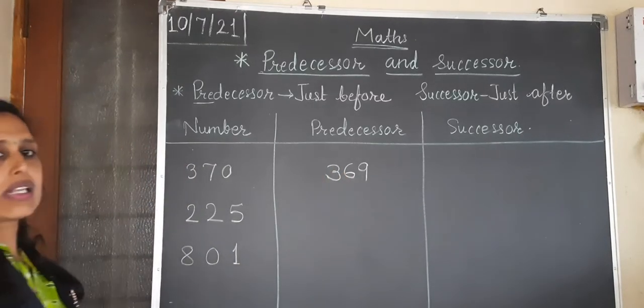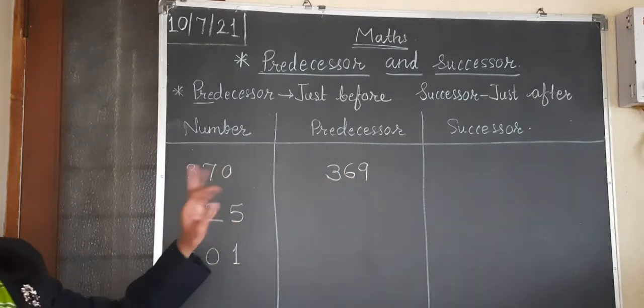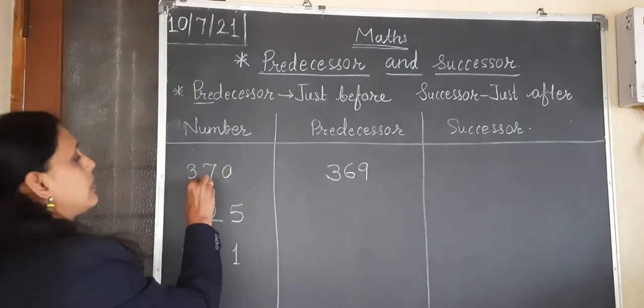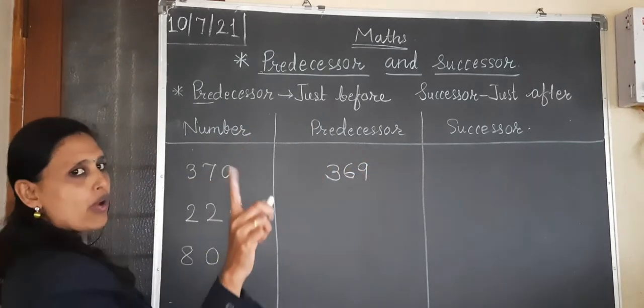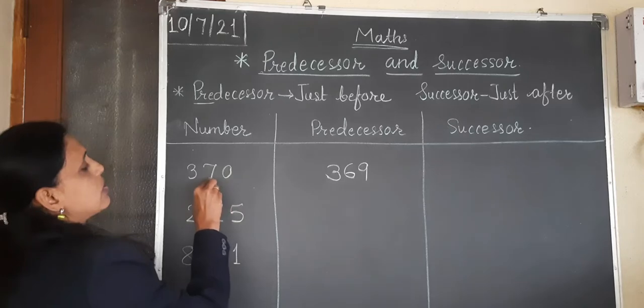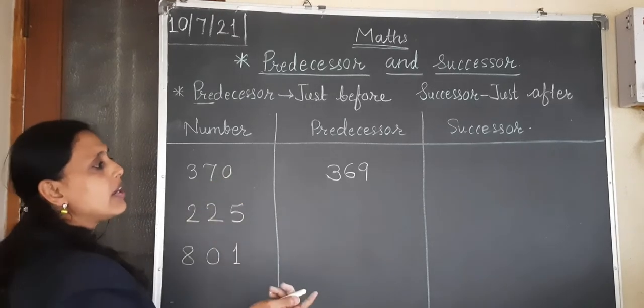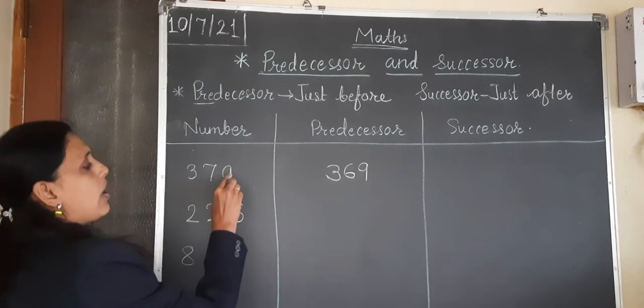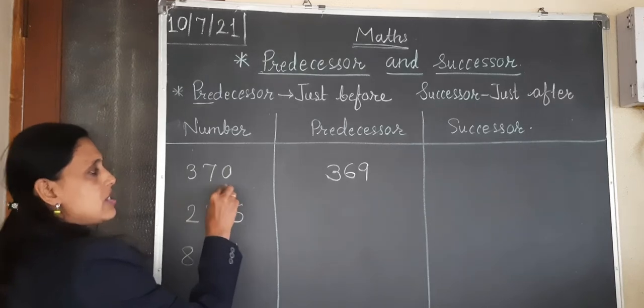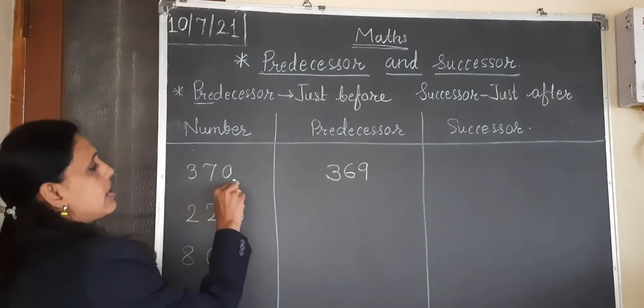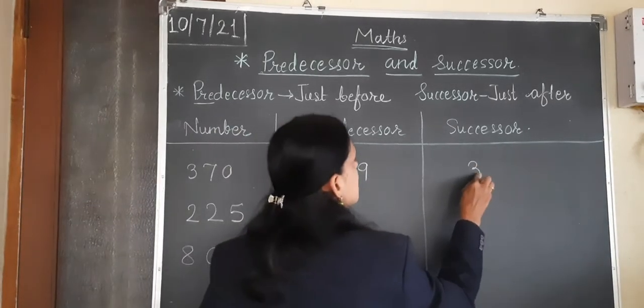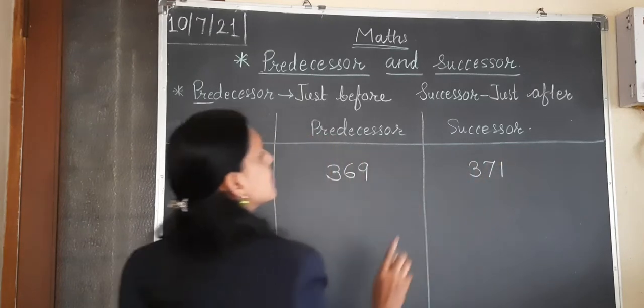So 369 is your predecessor. Now successor means add 1, just after number. So after 70 there comes 71. Or you can add one number to 0. So 371 is your successor.